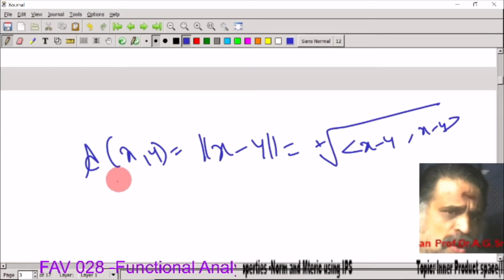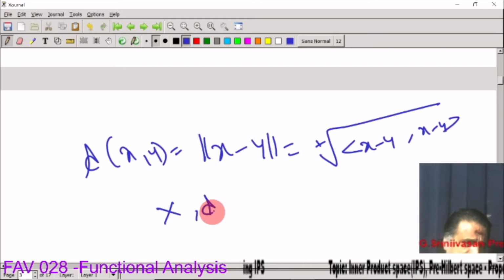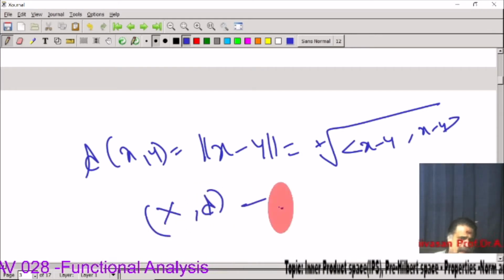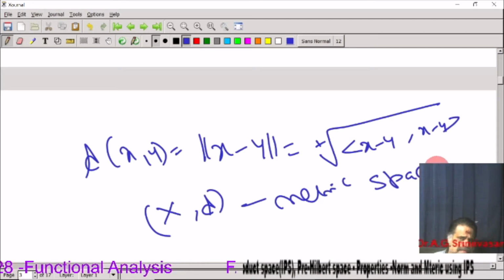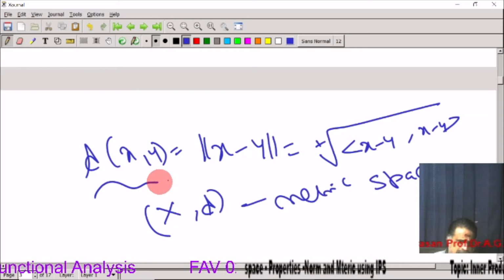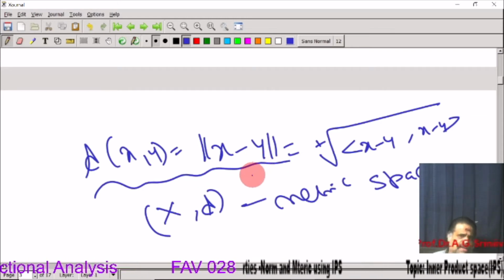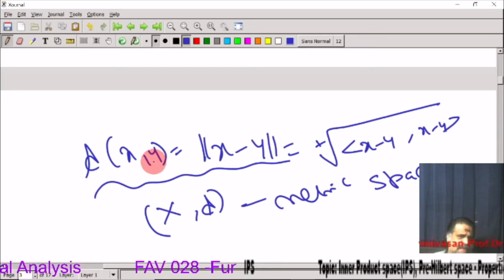And this is called d of xy. It is easy to show that (x, d) is in fact a metric space. But we will not show this because in the previous videos we have shown how to construct a metric space from the norm like this, and we proved in those videos that d of xy is in fact a metric.